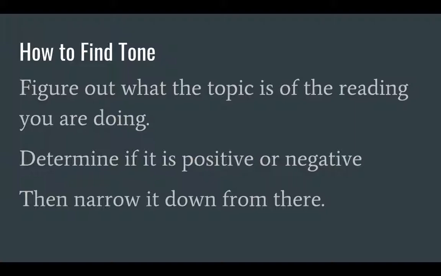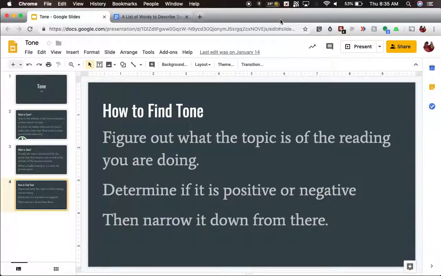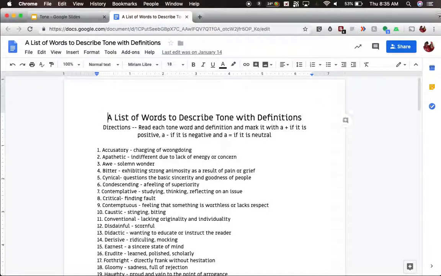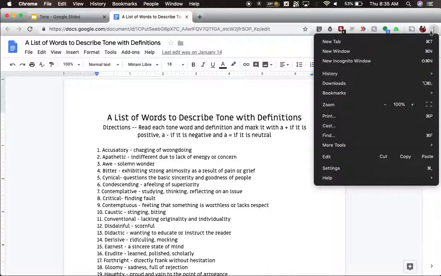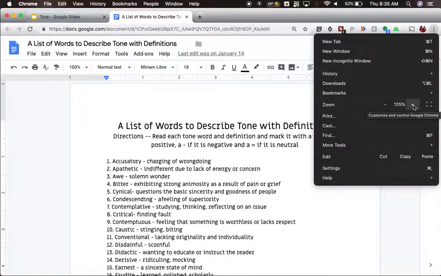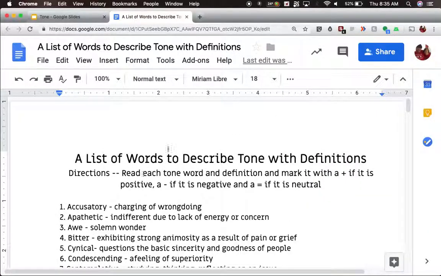With that being said, you need to go to the list of words with definitions. Let me zoom in here just a little bit for you. What I want you to do when I'm done talking is pause the video and complete the activity. Read each tone word and definition and mark it with a plus if you think it's positive, a negative sign if it's negative, or an equal sign if it's neutral.